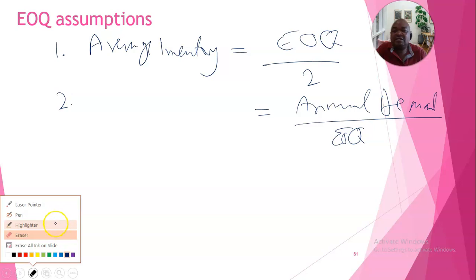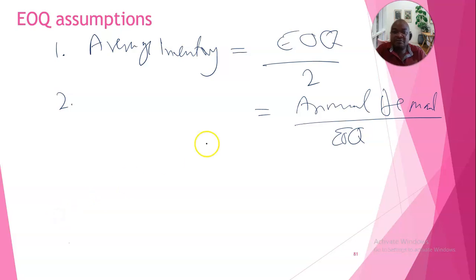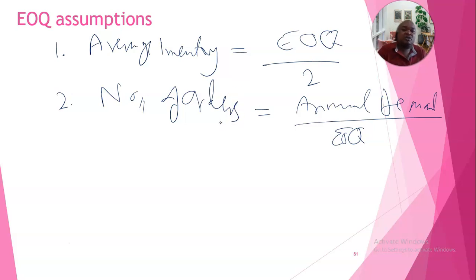I'm sorry for that. This should be the number of orders, obviously. This should be the annual demand divided by the EOQ.